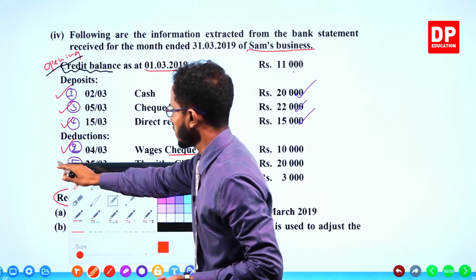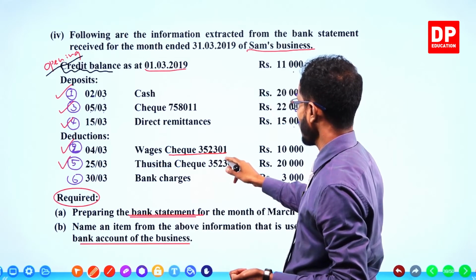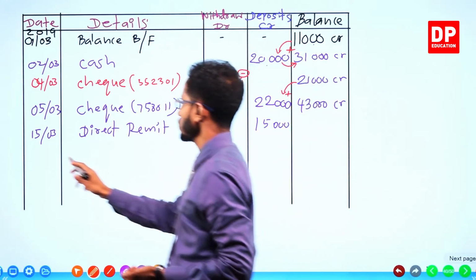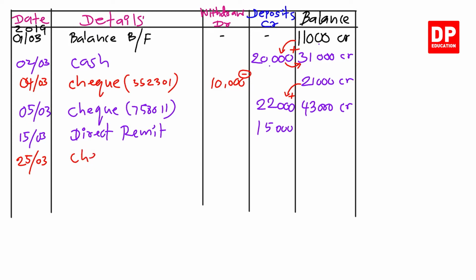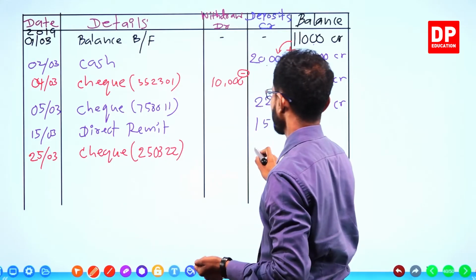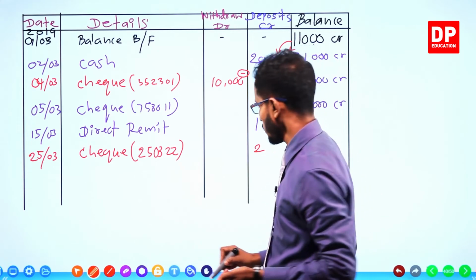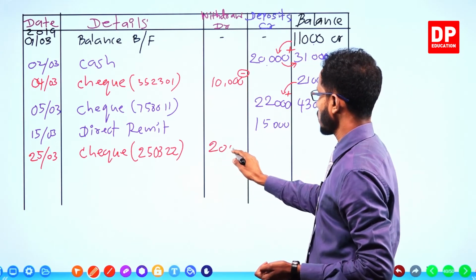Take this one. 25th, check 352302, 20,000. See, don't put it in the credit column. Don't credit it. It should be debited, 20,000.